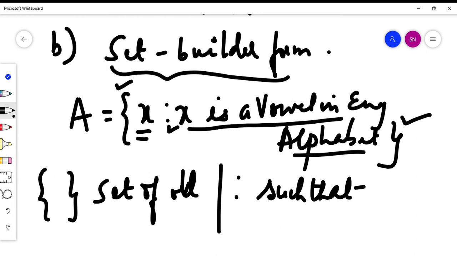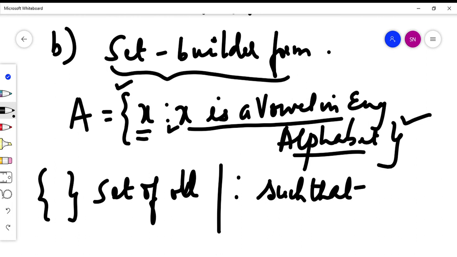Hope this is clear. The representation of a set is always in capital. If I have to write examples in set builder form, I write it in this format, which has only one property or characteristic. So A is equal to set of all x such that x is a vowel in English alphabet.